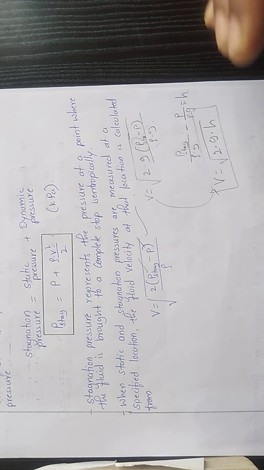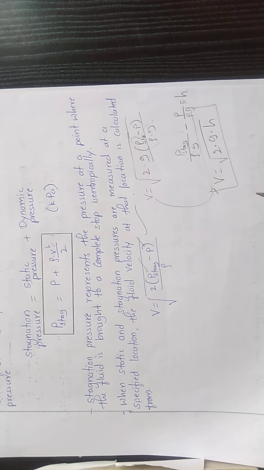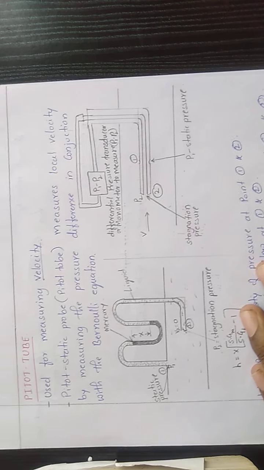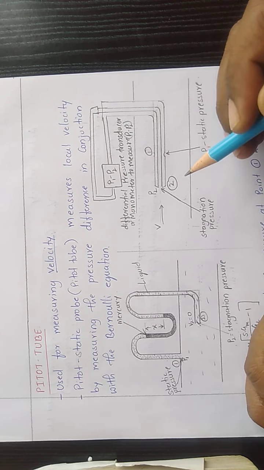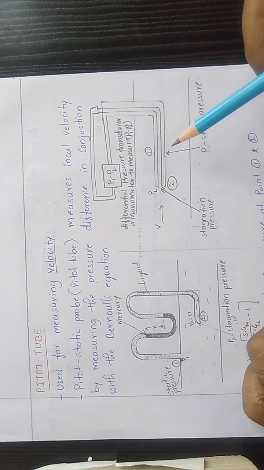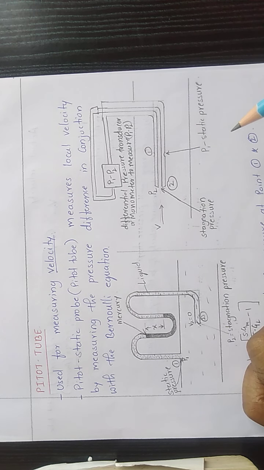Anyway, we will see the derivation, but this is the concept on which the pitot tube works. We use the pitot tube to measure the velocity. It's very important: venturimeter and orifice meter, we use them to measure the discharge. Pitot tube, we use it to measure the velocity.